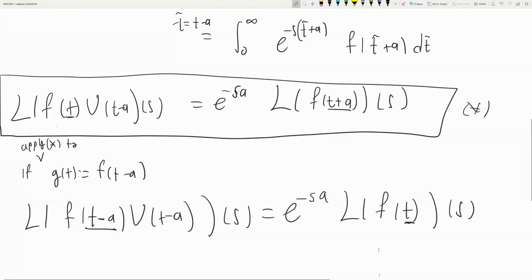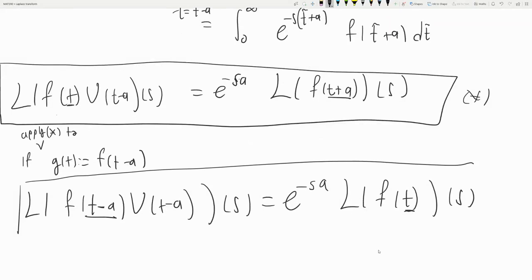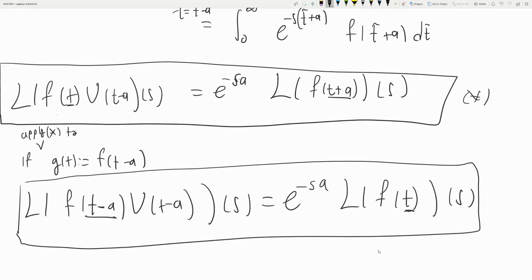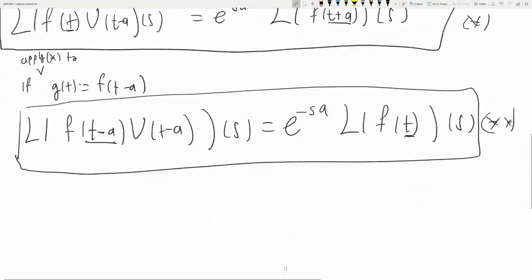Okay, so now let's apply these two identities. I'll call this a double star. It's the second version of the second translation theorem.